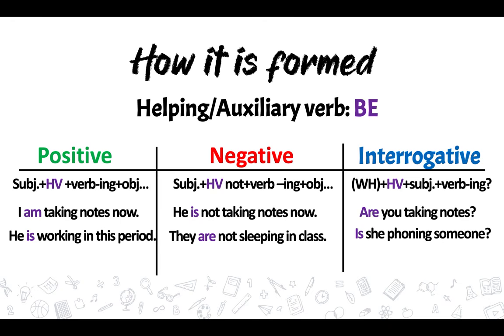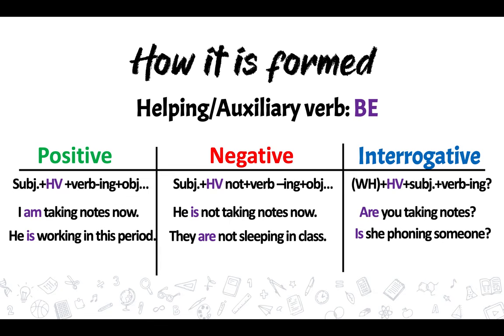Then the HV means helping verb, so the verb to be, plus the verb and ing, so an ing verb, plus the object and then the time expression if you have it. For example, I am taking notes now. I am taking notes now. Or he's working in this period. He's working in this period. Okay? So that's a positive sentence.